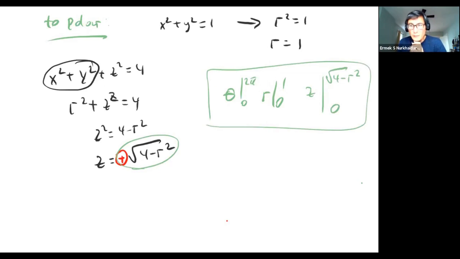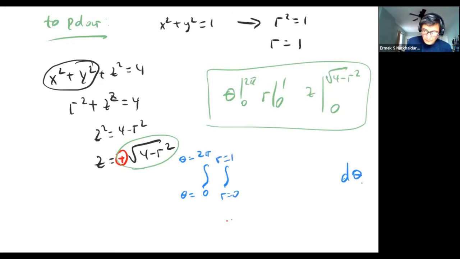And as soon as we know the limits, we're ready to set up our integral. The triple integral of 1: it's going to be the integral from 0 to 2 pi. Those are the limits for theta. The limits for r are r equals 0 to r equals 1. The limits for z are z equals 0 to z equals the square root of 4 minus r squared.